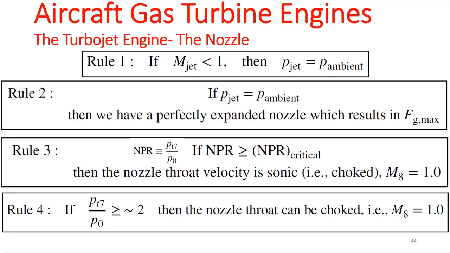Rule number 4 is more of an approximation than a rule. This choking condition, or your critical value of NPR, is actually very close to 2, which means that it happens when your total pressure at the inlet of the nozzle is twice the ambient pressure.